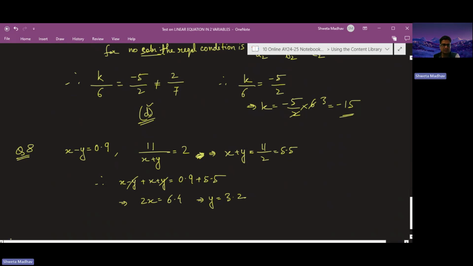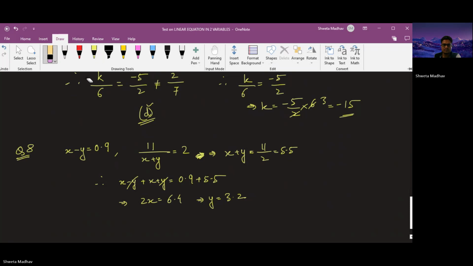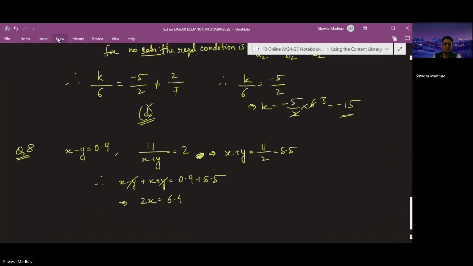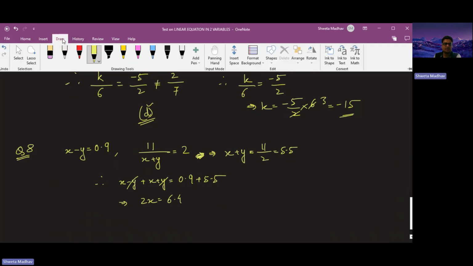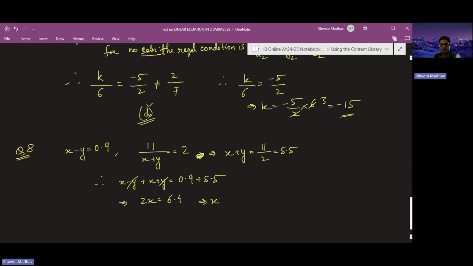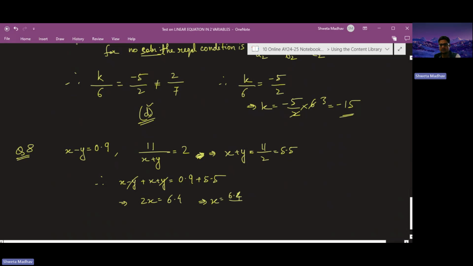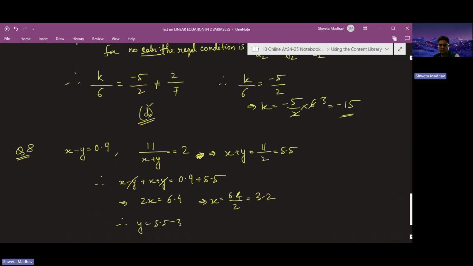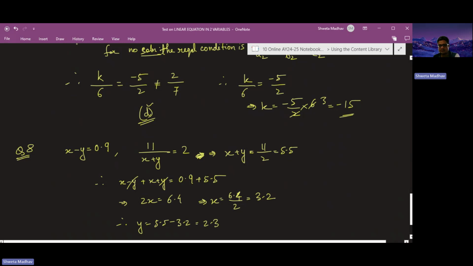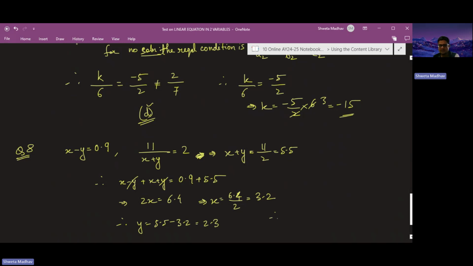Sorry, x will be equal to 6.4 divided by 2, that is equal to 3.2. x is 3.2, and x plus y is 5.5. So y will be equal to 5.5 minus 3.2, which is equal to 2.3. So the required answer is x equal to 3.2 and y equal to 2.3. So option D is the correct answer.